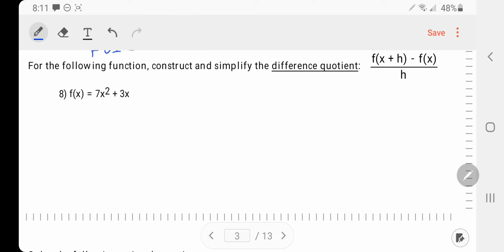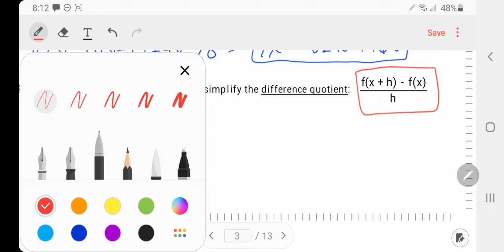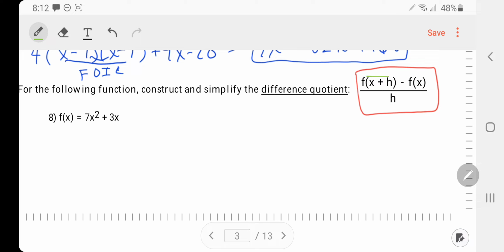Next, number 8. For the following function, construct and simplify the difference quotient. And they actually give us the formula for the difference quotient right here. And so the first step, if I was to use maybe green, is to do this right here, f of x plus h. And so that is going to be 7 times (x plus h) squared plus 3 times (x plus h).